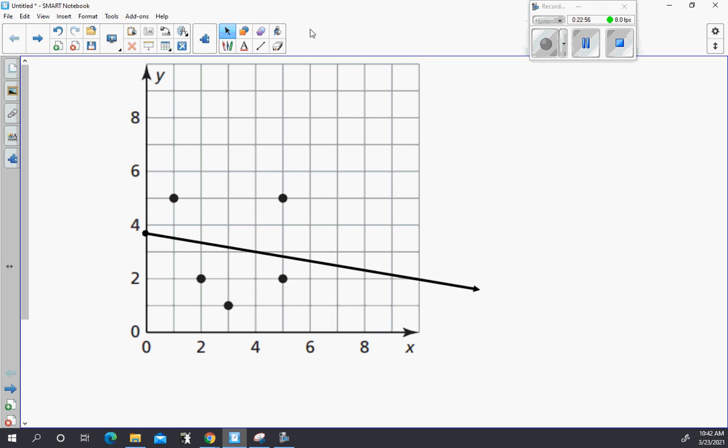What I'm trying to say is I don't want to pick this point here because I know it's at 2 something. Right? I don't know what my y coordinate is. I want to pick an easy point. So I see this point here. That is at point 4, 3. And I see this point here, which is at 10, 2.